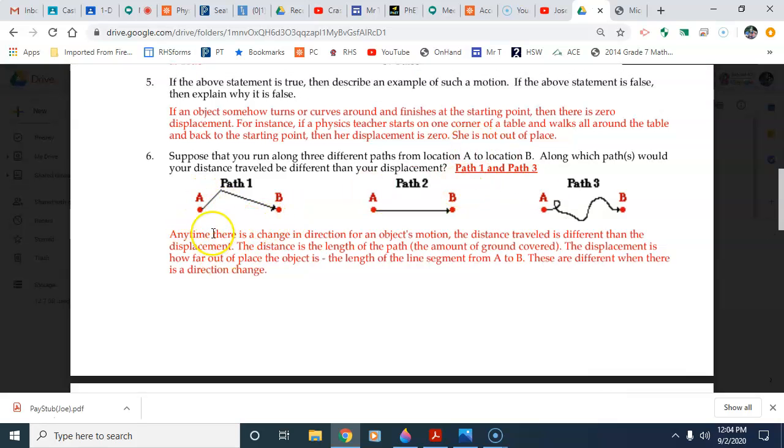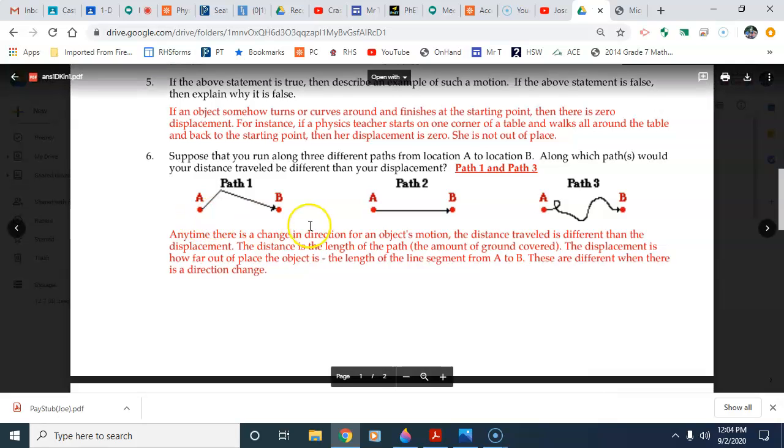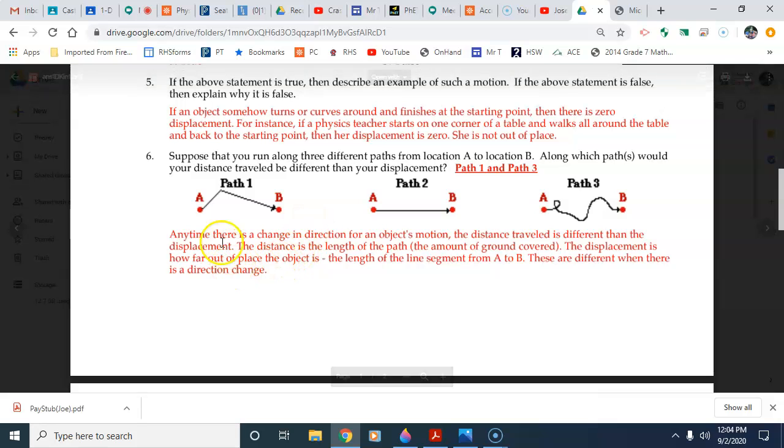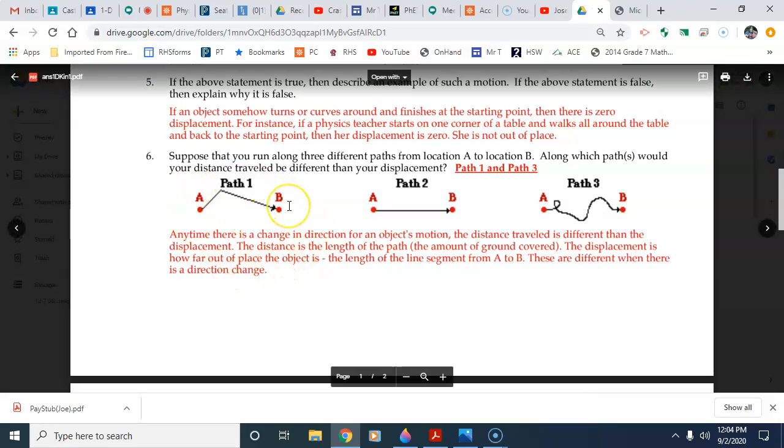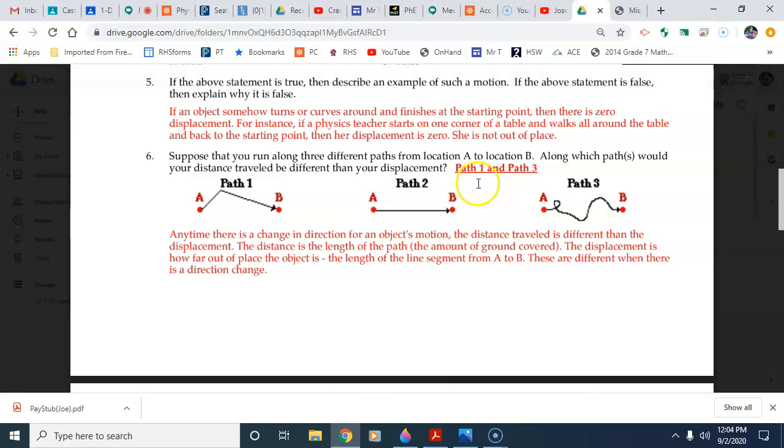All right? Because displacement is from where I started to where I ended. They all three have the same displacement, don't they? They all started at point A and all went to point B. All right? But as far as how the question asked this one, we leave out path 2 because path 2 would have the same distance as displacement. We gave examples of this yesterday.